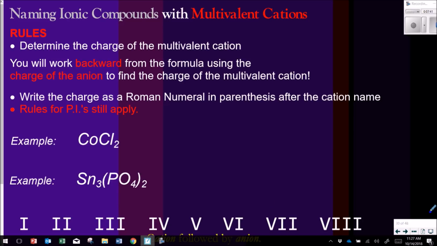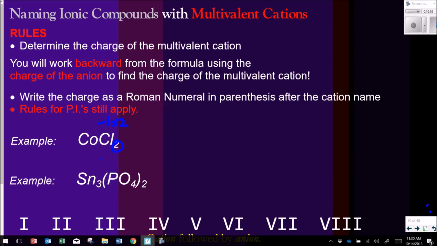Name ionic compounds with multivalent cations. You will have to work backwards from the formula using the charge of the anion to find the charge of the multivalent cation. In our first example, we have CoCl2. We always know the charge on the anion. We know that chlorine has a charge of -1, and since I have 2 chloride ions, I multiply that by 2 to determine the total charge on my anion side.